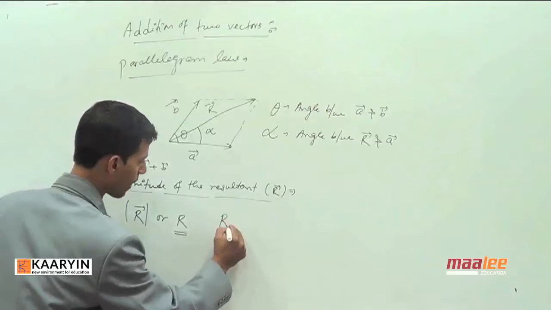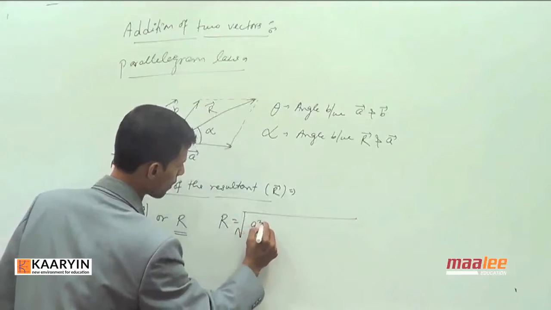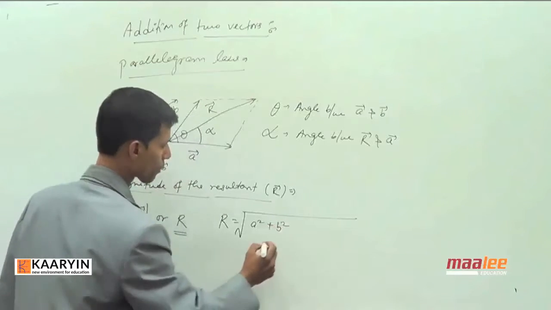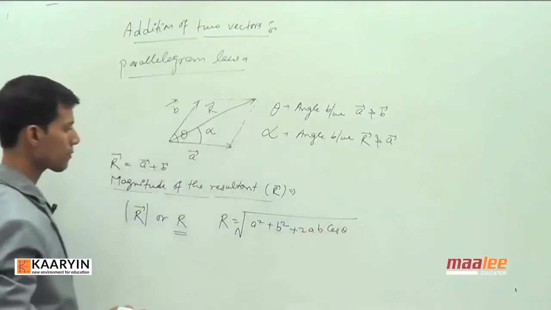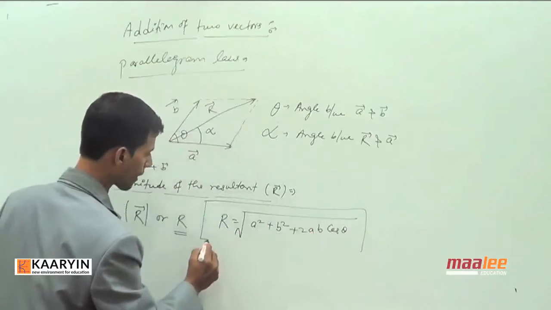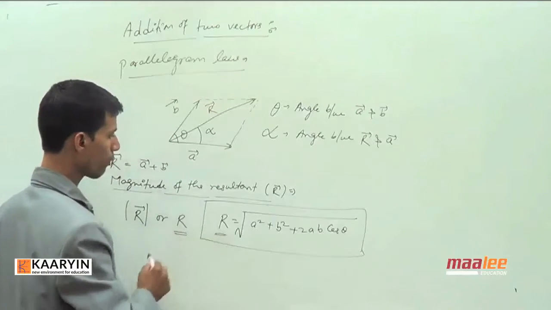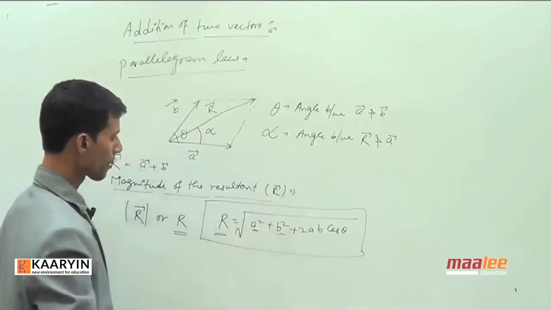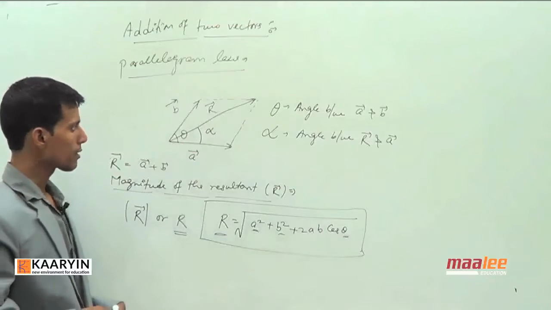So R is given as the square root of A square plus B square plus 2AB cos theta. This is the formula to find the magnitude of the resultant of two vectors A and B, where theta is the angle between the vectors A and B.